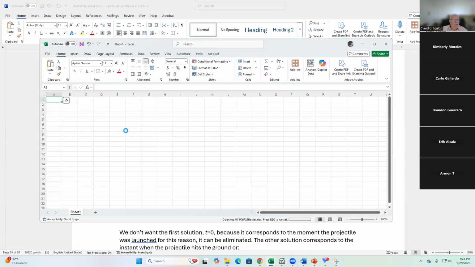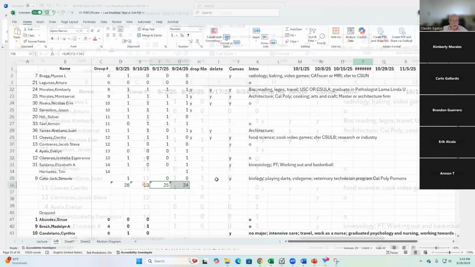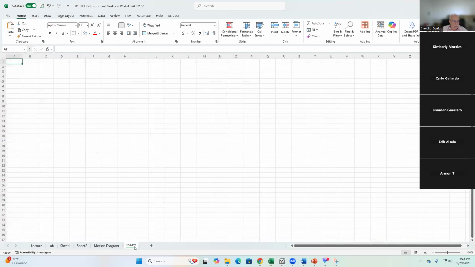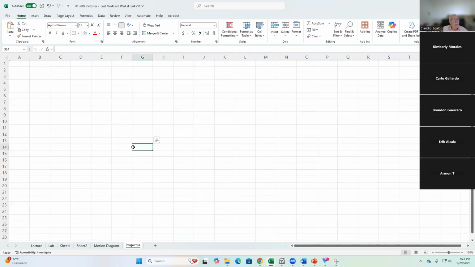Let's look at our roster here. Motion diagram, right? I did a motion diagram for uniform motion. Now let's do a motion diagram for the projectile. Projectile motion. And how we're going to do that, right?